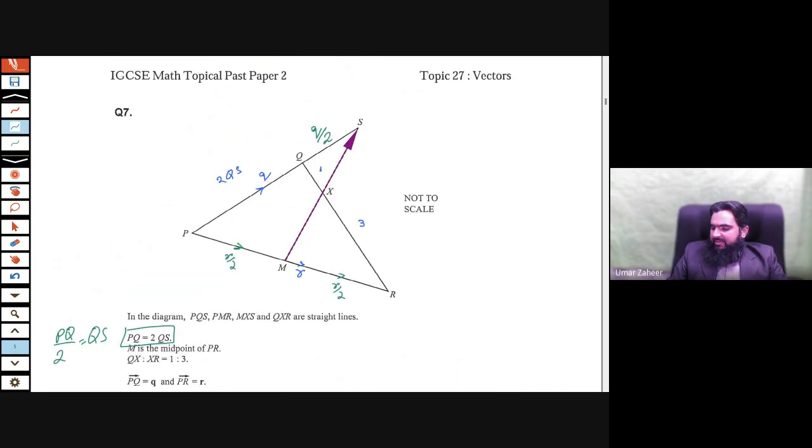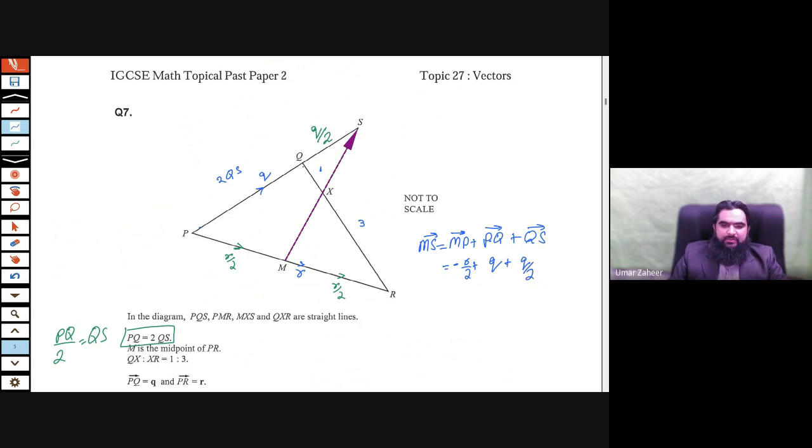All right, so we are finding MS. For MS, I will move from M to P plus P to Q plus Q to S. M to P is in the opposite direction, so it is negative R over 2. P to Q is in the same direction, it is Q, plus QS, which is given by the examiner as Q divided by 2.